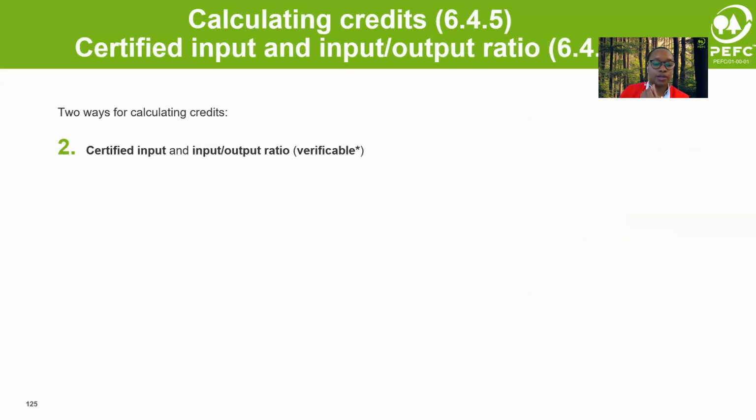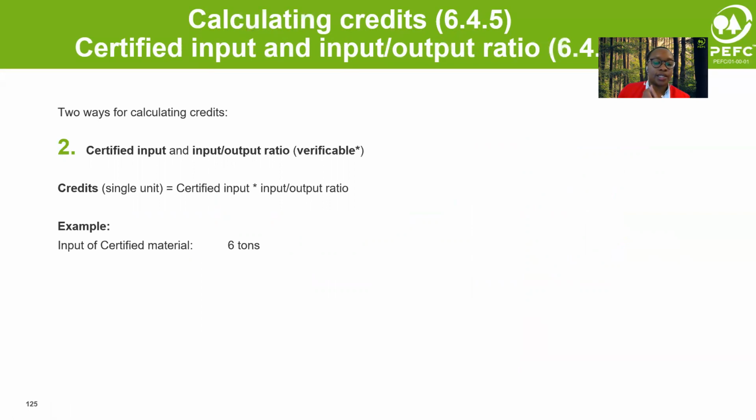So now let's look at the second one, certified input and input or output ratio. An example: let's say you have 6 tons of input of certified material, and you get your input or output ratio, which let's assume is 0.67.